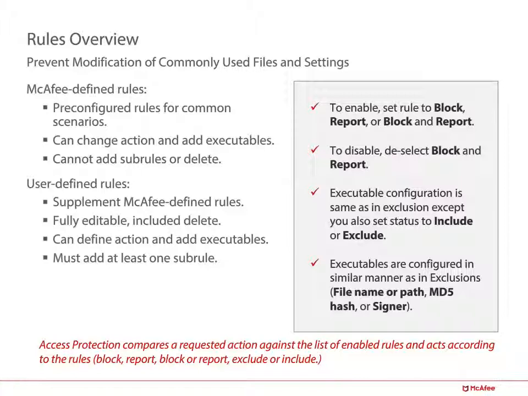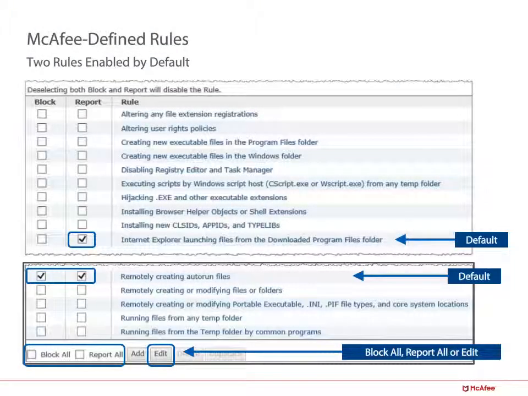Basically, the user-defined access protection rules are where you can create them to prevent modification of files or folders on your systems. In this screen, you'll see the example of the McAfee-defined rules.